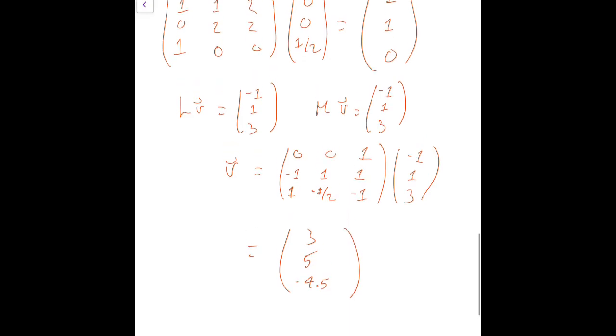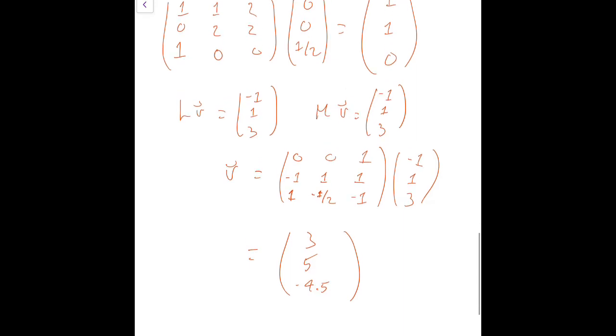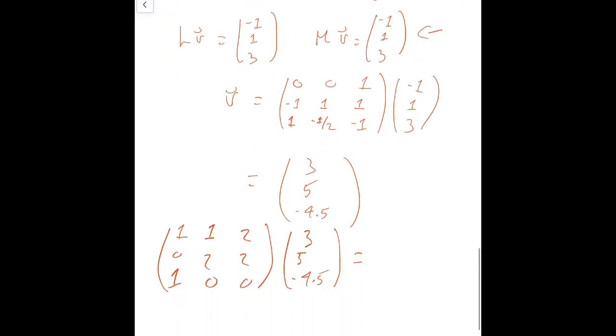So what I'm saying is that M times this vector is going to be equal to minus 1, 1, 3. Again, M is 1, 0, 1, 1, 2, 0, 2, 2, 0. Now I'm going to multiply it by 3, 5, minus 4.5.